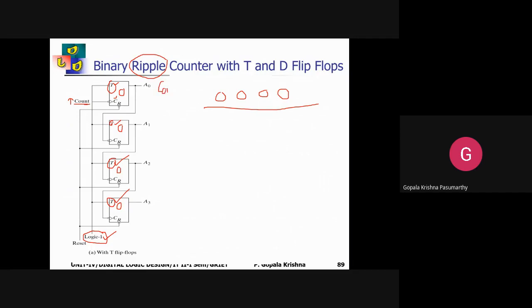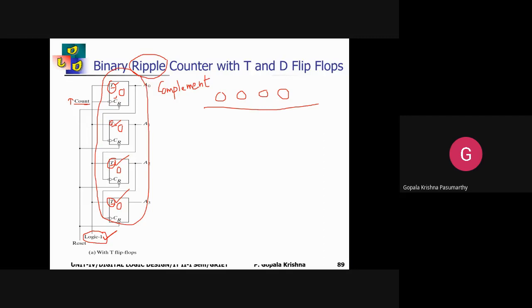Yes or no? Because we know in a T flip-flop, if the input T is 1, then it will complement the present state. All 4 flip-flops have T inputs connected to 1, hence all flip-flops are ready to be complemented.